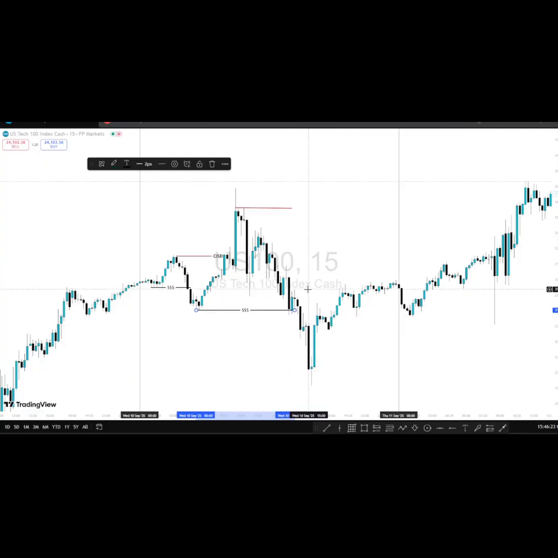So instead of using that wick, I will use this one, these three down close candles, this one, and this one, because they were responsible to get a close below that sell side liquidity sweep. So that is what I did. I marked this one as my LDC.